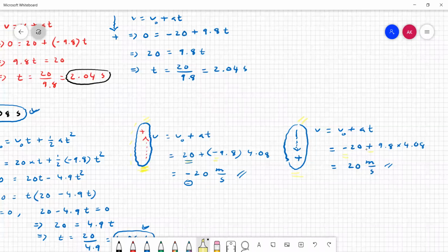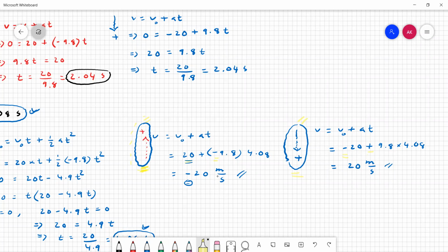Once we do that, I solve it and I got velocity to be plus 20 meters per second. But in the first case, I got velocity to be minus 20 meters per second. Both values are the same, however one is positive and another is negative. It makes sense because the final velocity was downward.